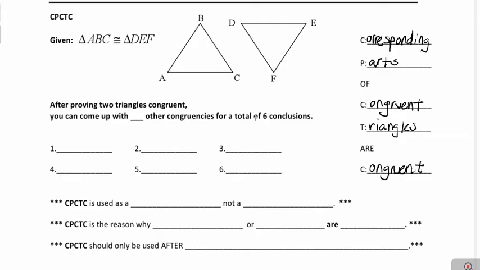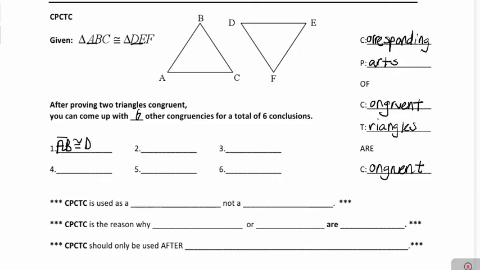We've already discussed congruent parts back in the last section. So we are going to continue to identify them by using the order of the letters. After proving two triangles congruent, we can come up with 6 other congruencies, for a total of 6 conclusions. Looking at the order of the letters, you must determine which parts are corresponding. There are 3 corresponding sides and 3 corresponding angles.